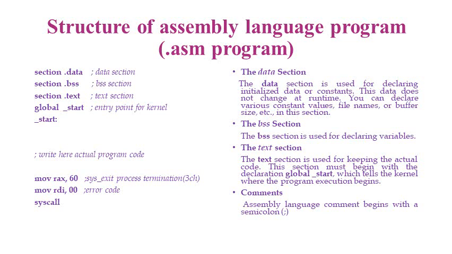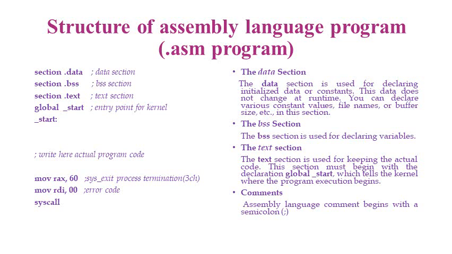The BSS section is used for declaring variables. BSS stands for block started by symbol. The next is the text section. The text section is used for keeping the actual code. This section must begin with the declaration global _start, which tells the kernel where the program execution begins.